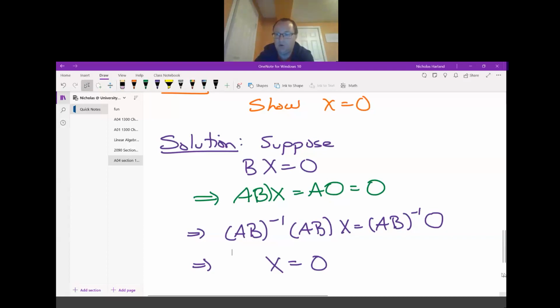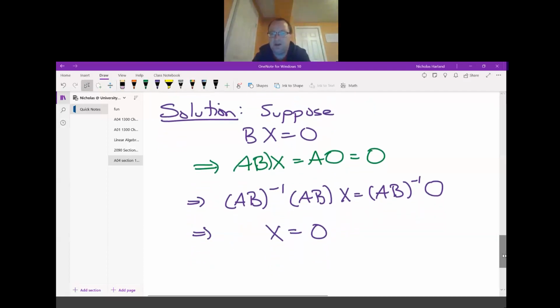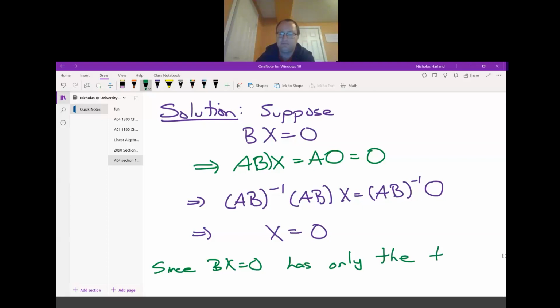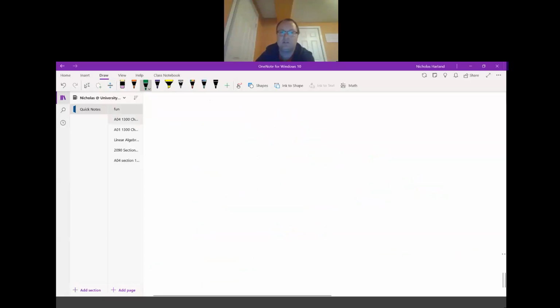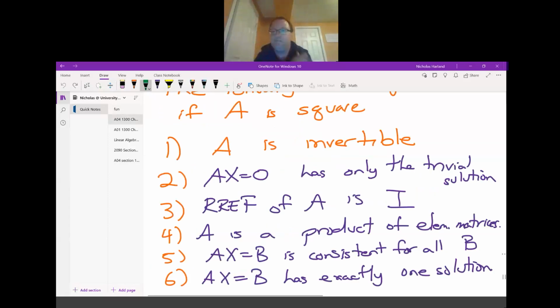All right. So we showed that bx equals 0 had only the trivial solution. So since bx equals 0 has only the trivial solution, what does that mean? Based on our list of equivalent statements, well, this is an equivalent statement list.